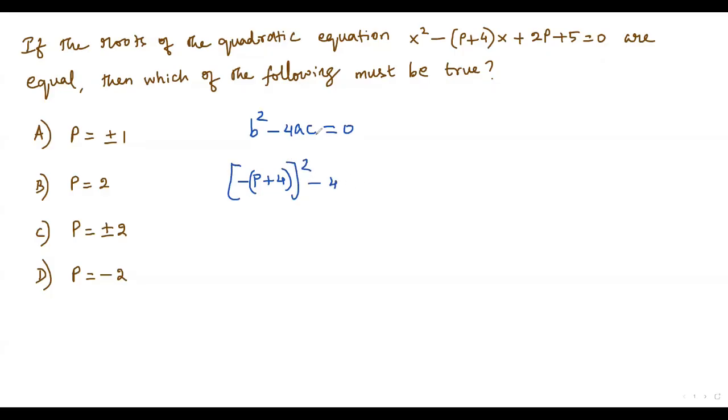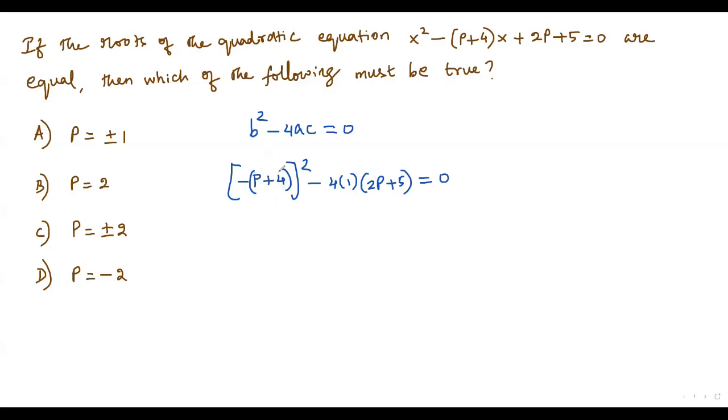Then −4 times a, where a is the coefficient of x². The coefficient of x² is just 1 in this case, so 4 times 1. And c is the constant term. Here the constant term is 2p + 5. Let me plug in. This is equal to 0. Here we have this negative sign for the complete term p + 4, so we have to consider p + 4 as a single term.